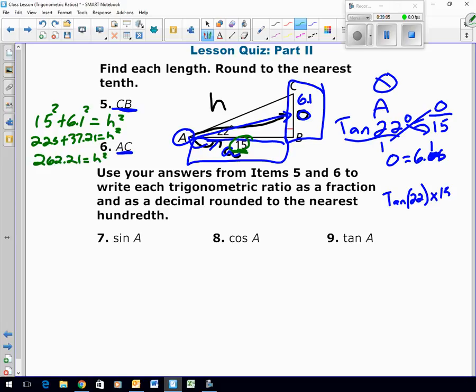Give me the square root of that. 16.19. Okay? Is 16.19 a sensible, educated answer? Yeah. It fits all the things I'm looking for in a hypotenuse, right? It's the longest of the three sides, correct? Okay? It would fit in with this particular ratio.